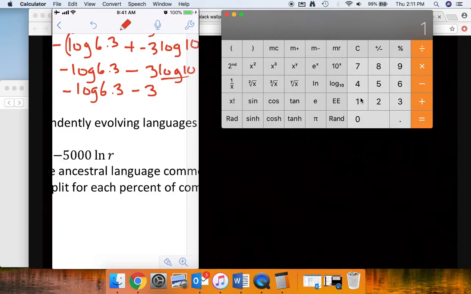So now, let's just find log 6.3. 6.3 log. Take the negative of that and subtract 3 from it, and you get, oh wait, that didn't work. Hold on. So 6.3 log, wait, what happened to my negative?